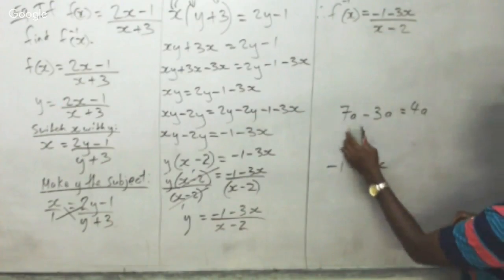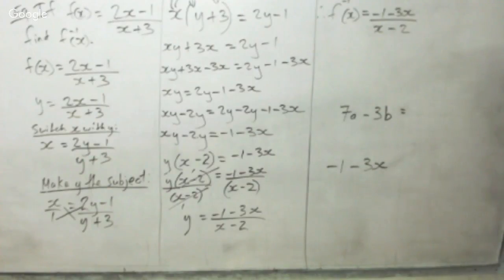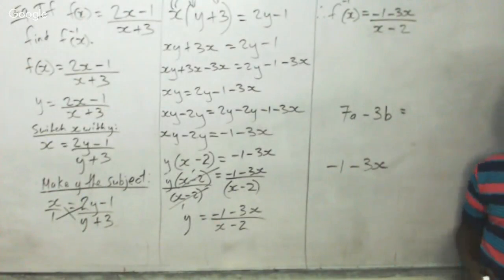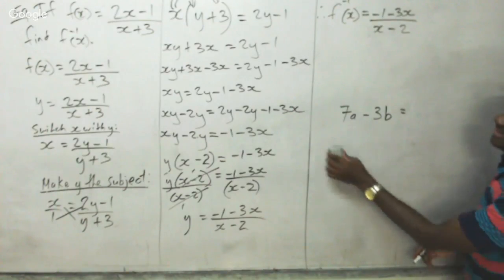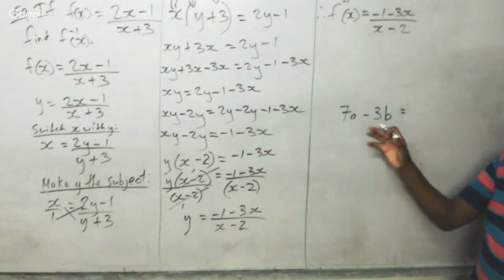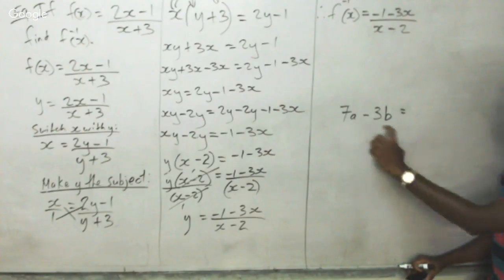All right, 7 apples minus 3 bananas is equal to 7a minus 3b. How many bananas? There's nothing you can do. Could you take 3 bananas and 7 apples? No, there's nothing you can do because they are different terms.